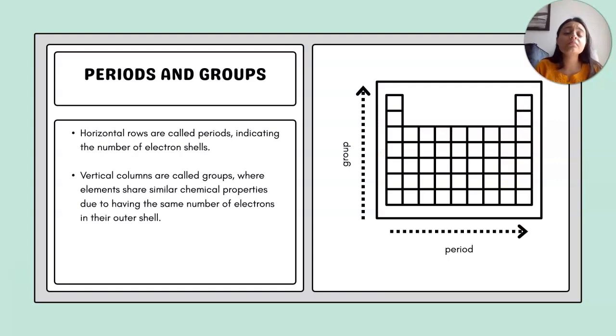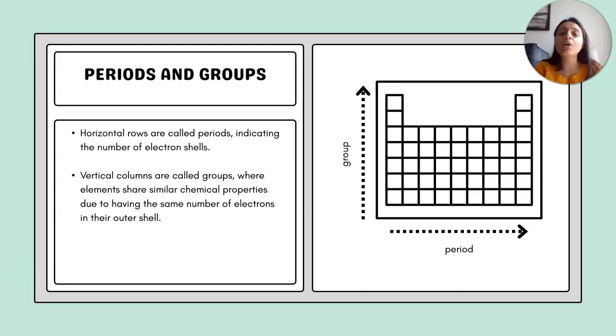Now, there are periods and groups in the periodic table. The horizontal lines running from left to right are the periods, and the vertical columns running from top to bottom are the groups.